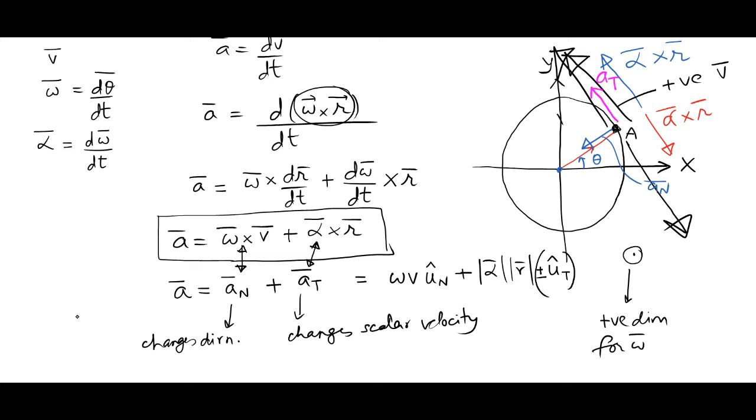So there is a way out, of course, and the way out is to not take the mod of alpha bar and mod of r bar, but rather you deal with the scalar components, and then you depend on the sign of alpha into r to give you the proper sign, so that you don't have to actually insert a plus or minus sign over here, and I'll show you how that works.